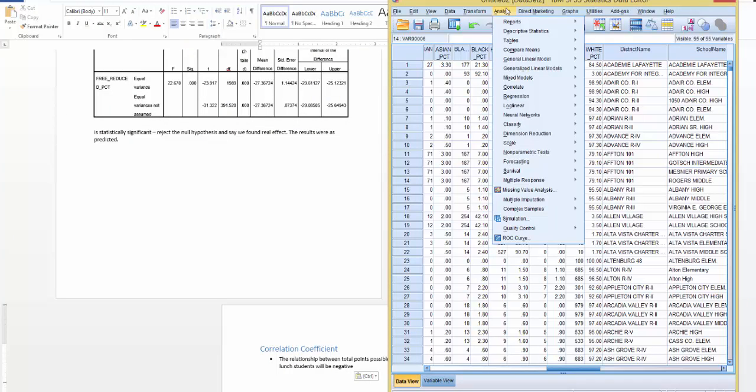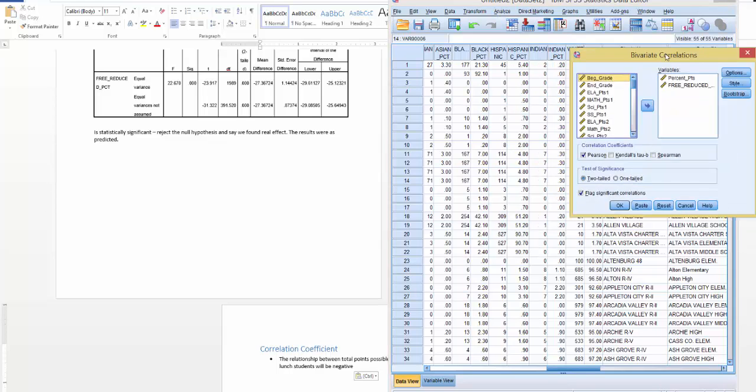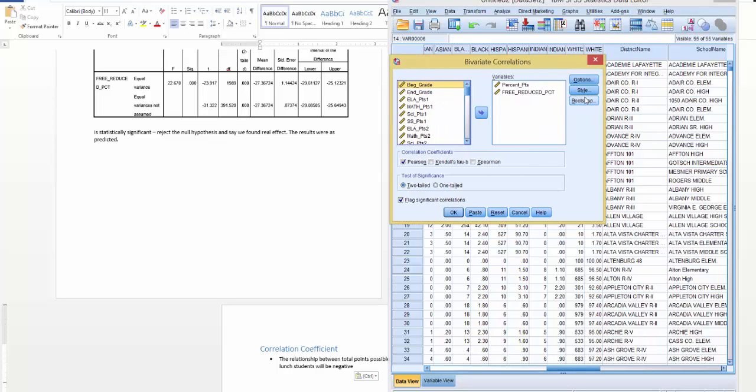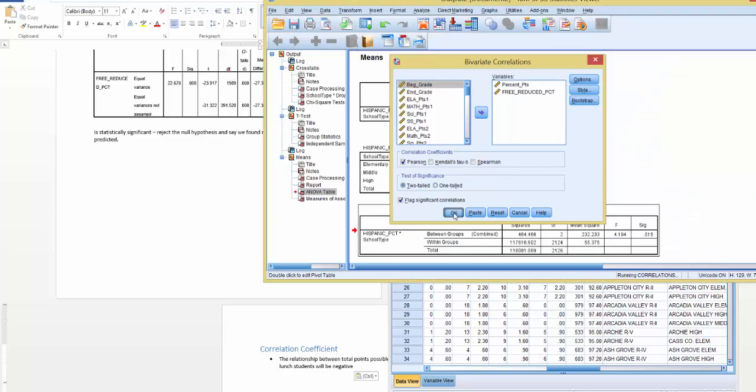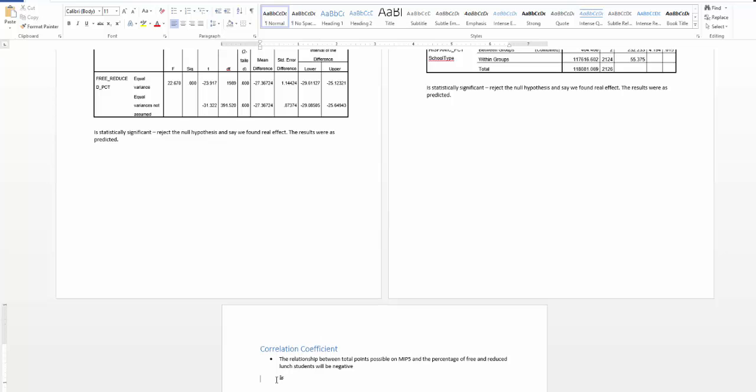Going back to our data file, we'll go to Correlate, Bivariate, and put percentage points and free and reduced lunch. We don't really have any options or anything. We don't need them. We'll just say OK. And copying that, going back to our output.